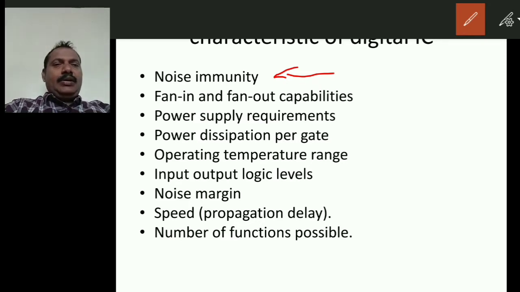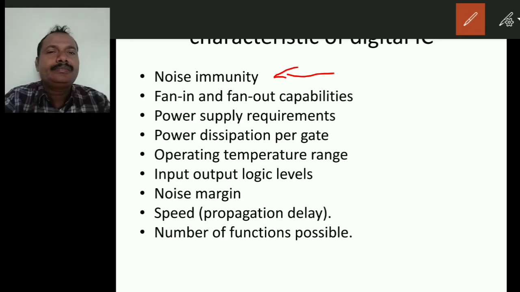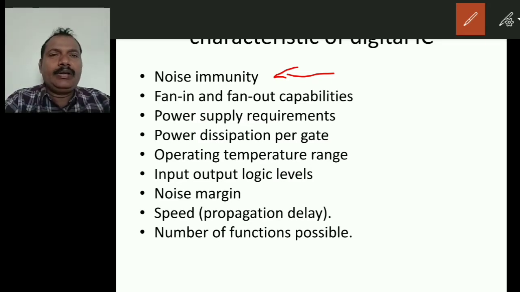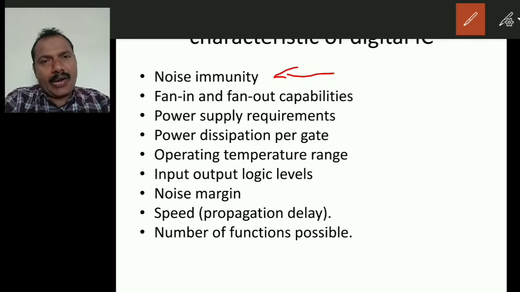And input output logic levels. What is the input logic level voltage for logic 0, and what is the input logic level voltage of logic 1? Similarly for output. And the noise margin, that means how much noise magnitude can be acceptable for that particular IC without disturbance to its operation or function.